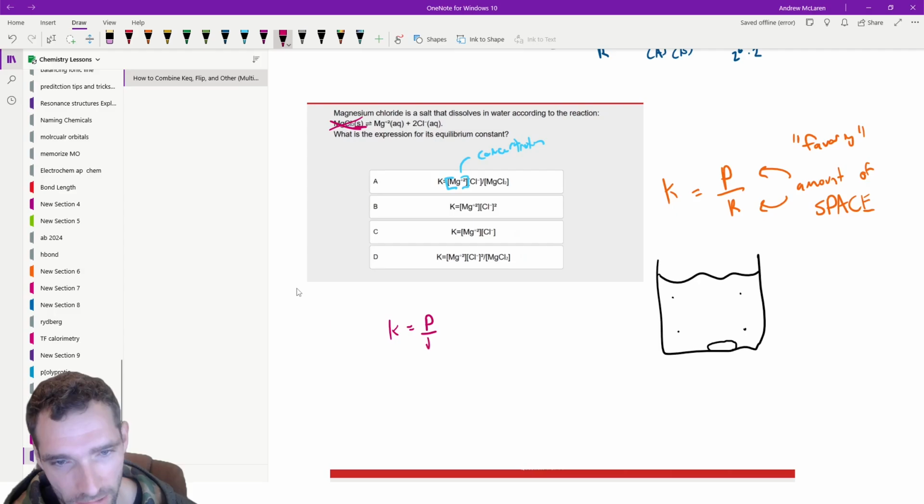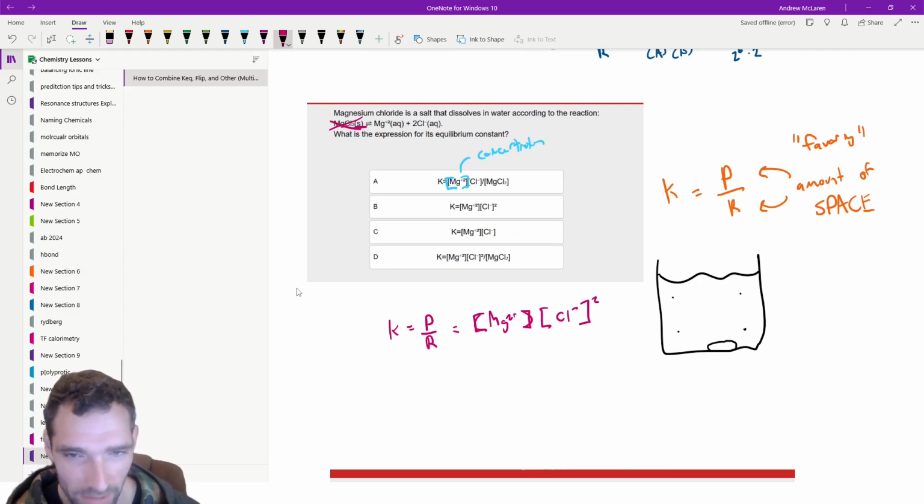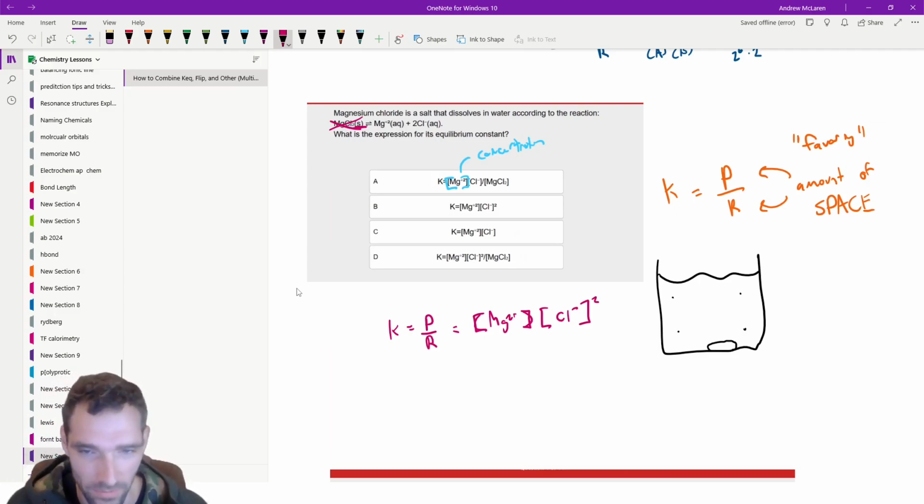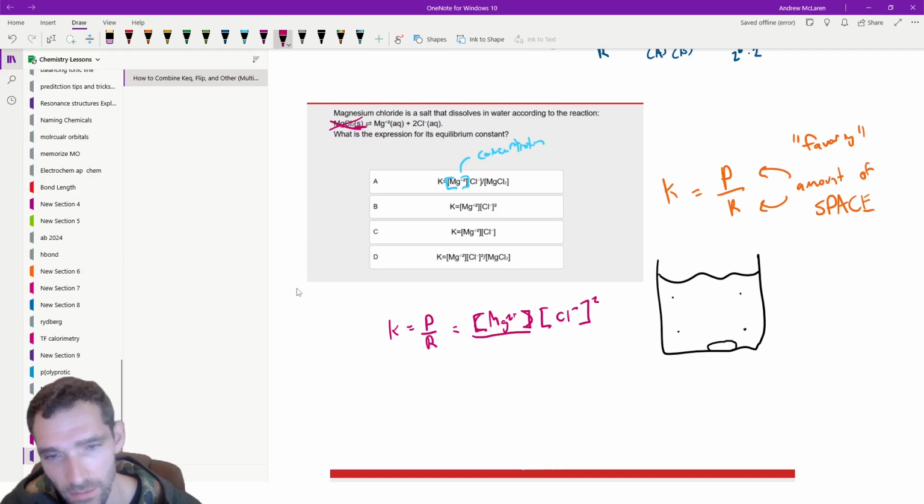So for products over reactants, we just are going to talk about the relevant amount of these products that are present. We've got some magnesium 2+, but when we do concentration of ions, we have those little bracket things to show those numbers there. And we do have 2 of these chlorines, so you could write out chlorine times chlorine, but we might as well just do the exponent.